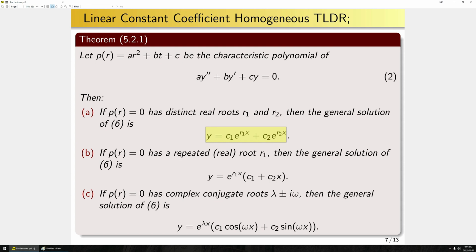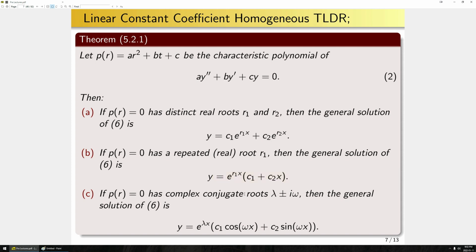If we have a repeated root, then we're going to find a general solution in this form here. Note here I just factored out this e to the r1 x. This is the classic way of writing this functional form, and as you'll see, not in this lecture but in the next lecture, functional forms of this type do tend to pop out a lot.